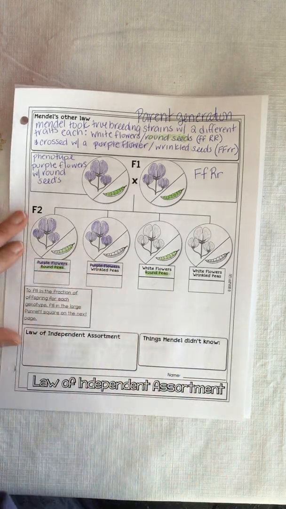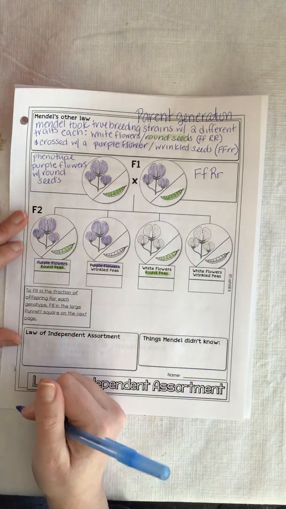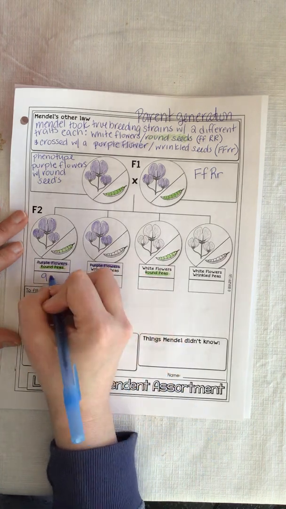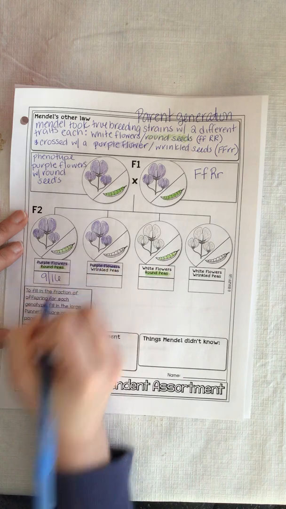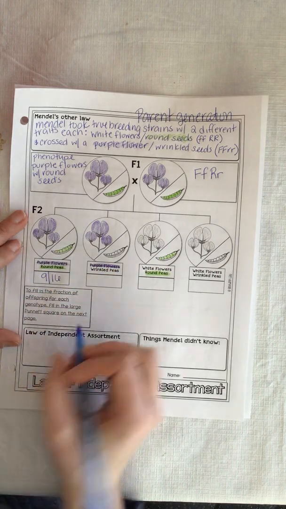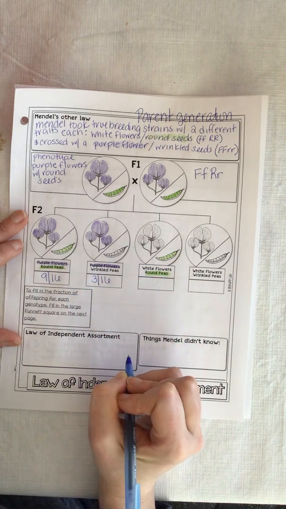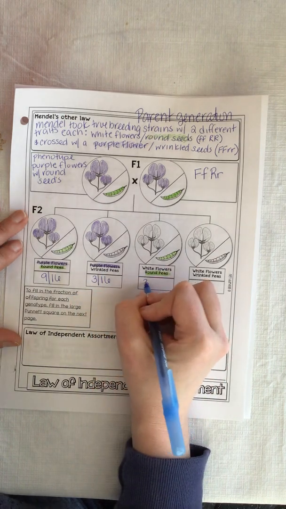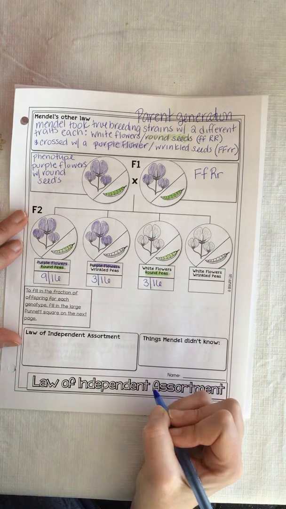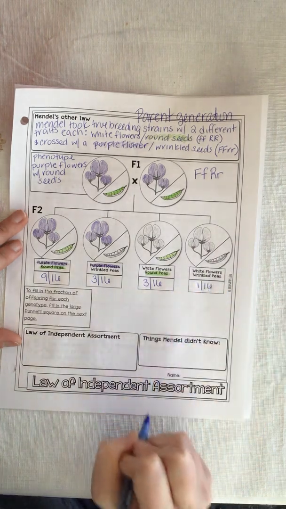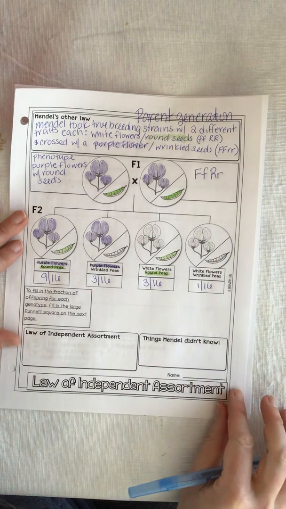So when he looked at that, out of 16 different plants, he got 9 out of 16 were purple and round, 3 out of 16 were purple and wrinkled, 3 out of 16 were white and round, and 1 out of 16 were white and wrinkled.